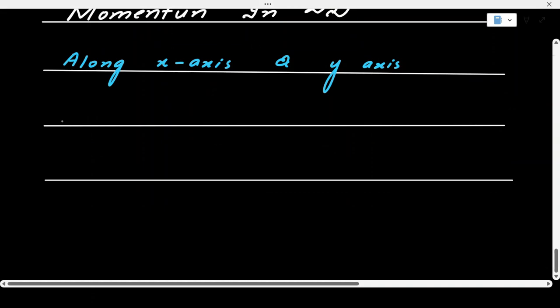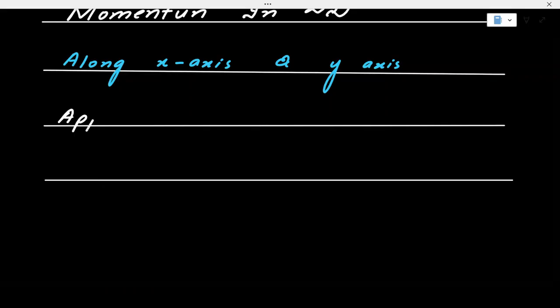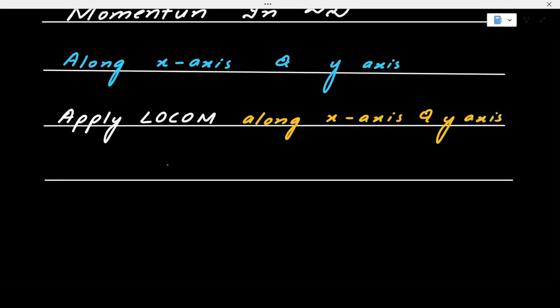So we apply the law of conservation of momentum, first along x-axis and then along y-axis. And how do we break it down into x and y-axis? We resolve the velocities into components.